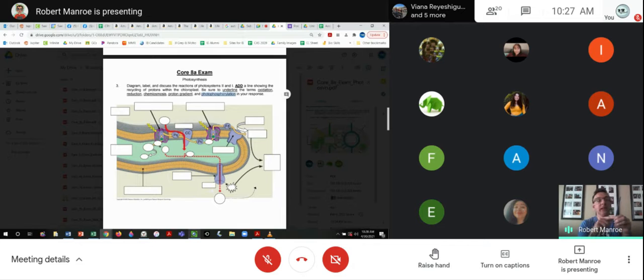If I phosphorylate this pencil, that means that I bond a phosphate to it, okay? So in the thylakoid, ATP synthase phosphorylates ADP into ATP, okay? ATP synthase phosphorylates ADP into ATP.